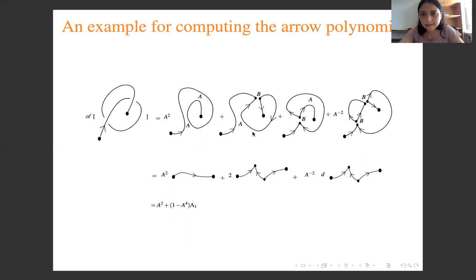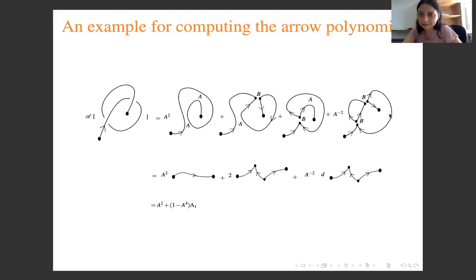And for the second and the third one, we can see that the cusps have insides in opposite sides of the segment. So we keep them as a new variable. Since we have a pair of cusps, we will keep this long state component as lambda 1, contributing to the polynomial. And here in the fourth case, again, the long segment's cusps have insides in different sides of the segment.